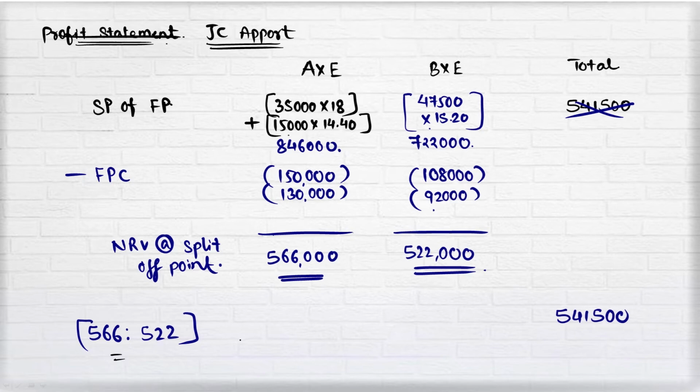This is also the way in which you can do it. What is the answer of segregation? 2,07,000. And this is 2,59,000.